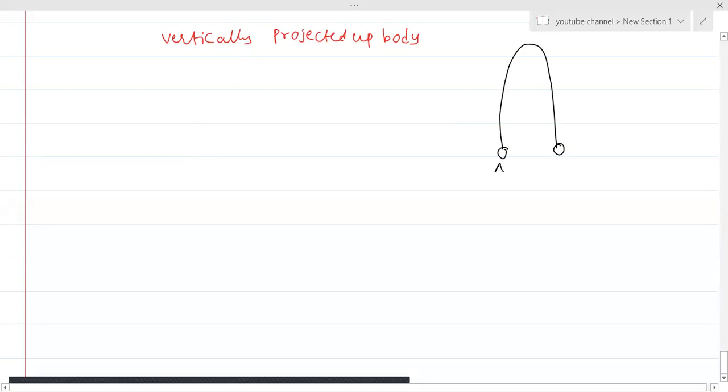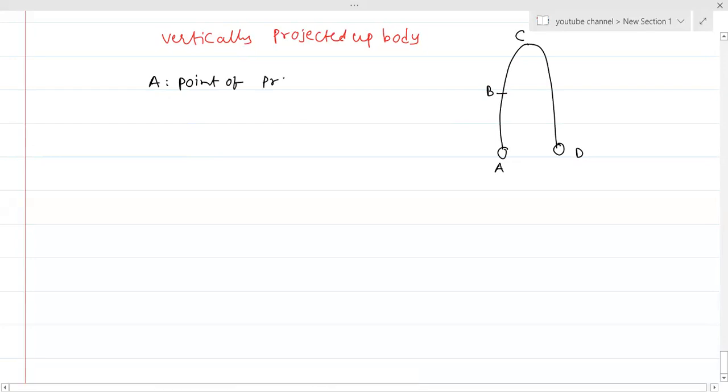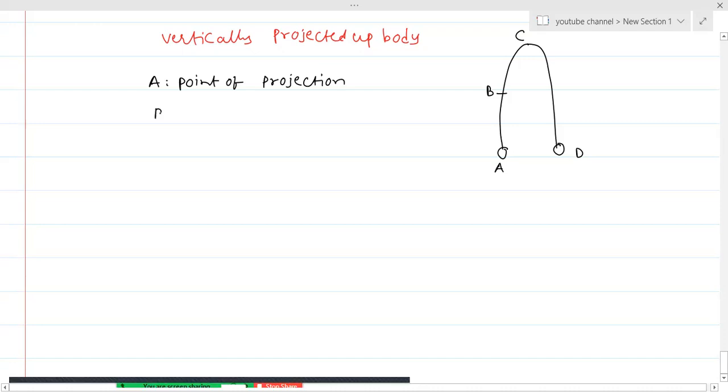Let us take this is a point A, this is a point B, this is point C, and this is a point D. Generally the point A is treated as the point of projection, and we will consider B as the position after some time t.